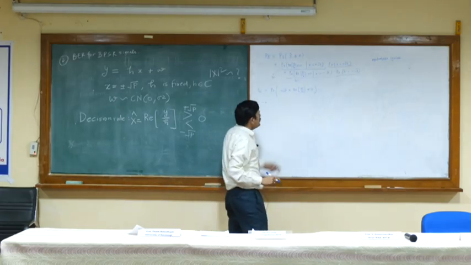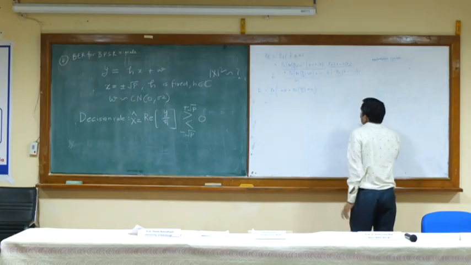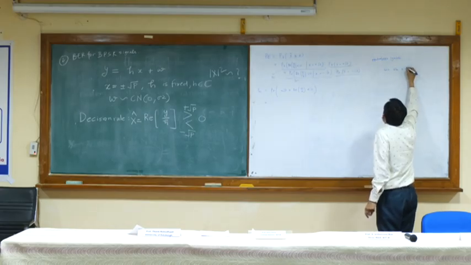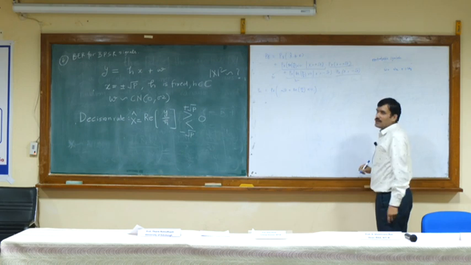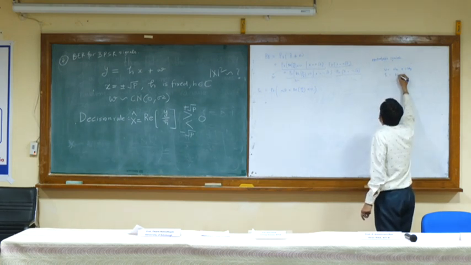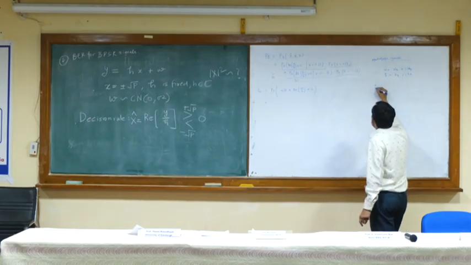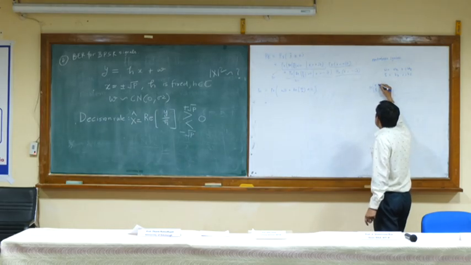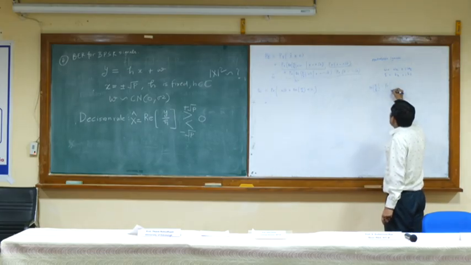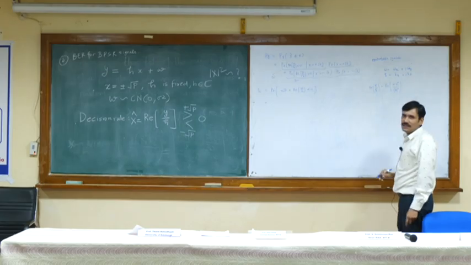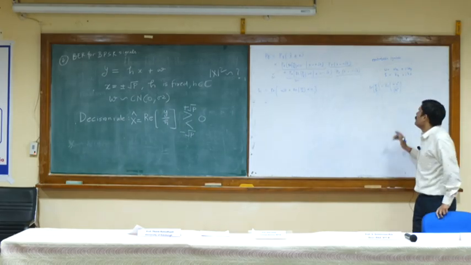Now, let's see this. Real of w divided by h. Let's say w has two components, w real plus j w imaginary. Similarly, let's say h has two components, h real plus j h imaginary. I am dividing w by h, and I am taking the real part. So I can write this as real of w multiplied by h star, the conjugate of h, divided by mod of h squared. This okay?